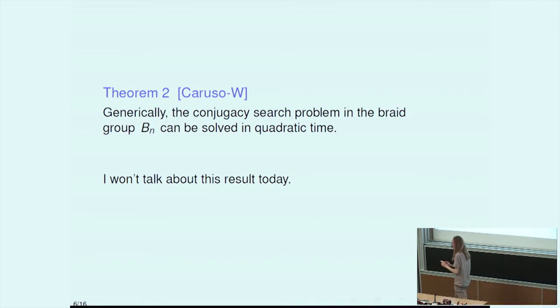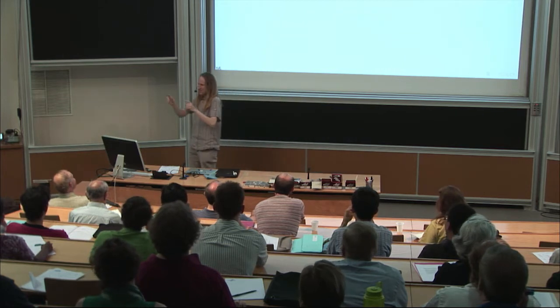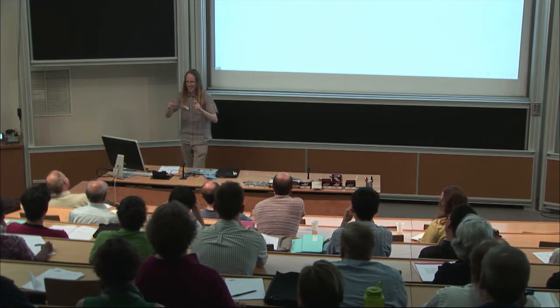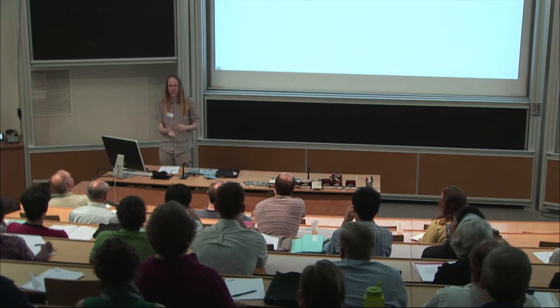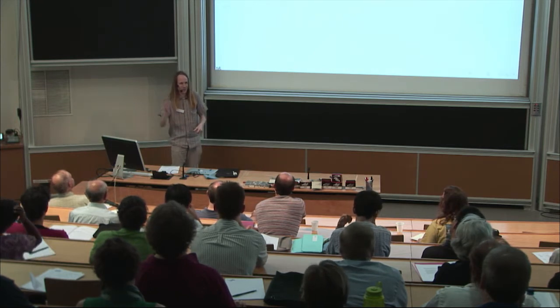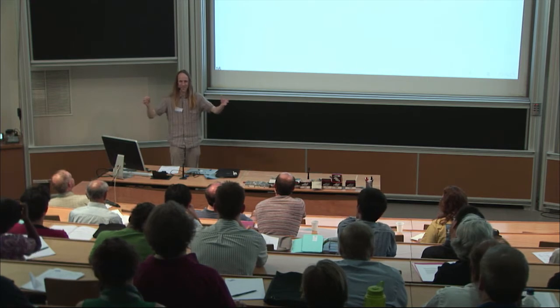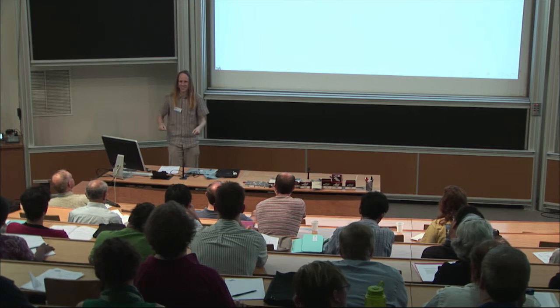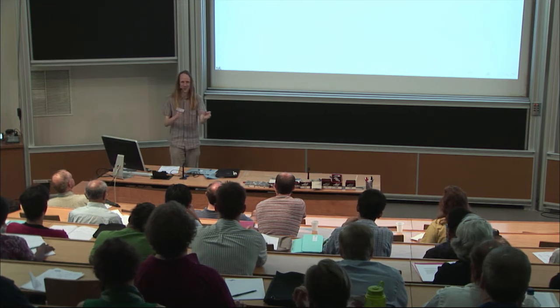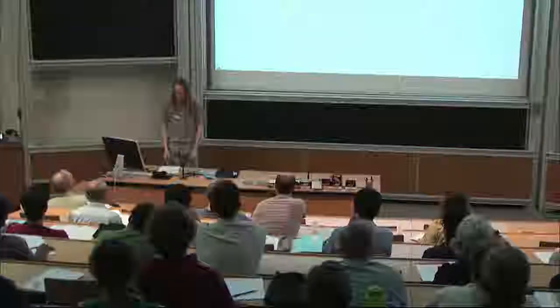Which does not sound like a great theorem, but the point is that the answer "I don't know" occurs exponentially rarely. Among the set of pairs of braids of length L, the proportion of pairs where the answer "I don't know" occurs decreases towards 0 exponentially quickly as L goes to infinity.